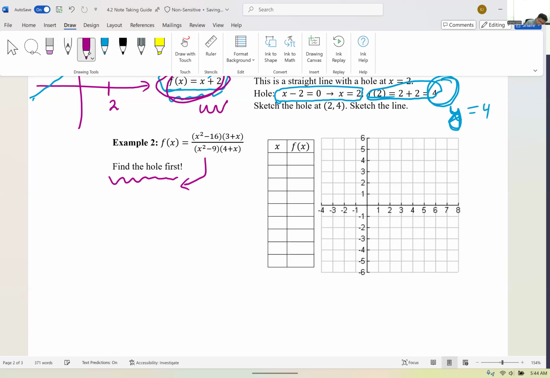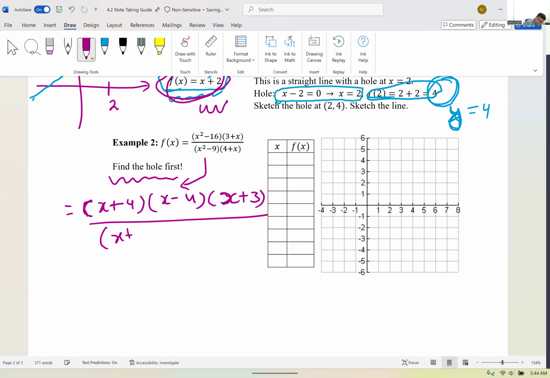So which means you have to write this in factored form. x squared minus 16 is x squared minus 4 squared, so it is (x plus 4)(x minus 4). And 3 plus x, let me write as x plus 3. Denominator: (x plus 3)(x minus 3) and (x plus 4).